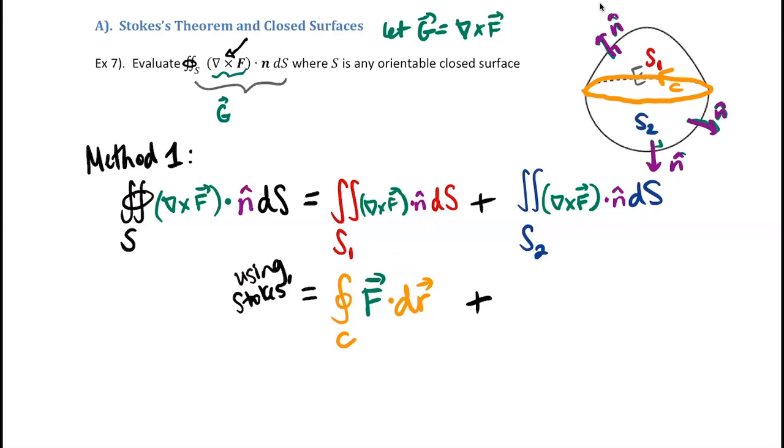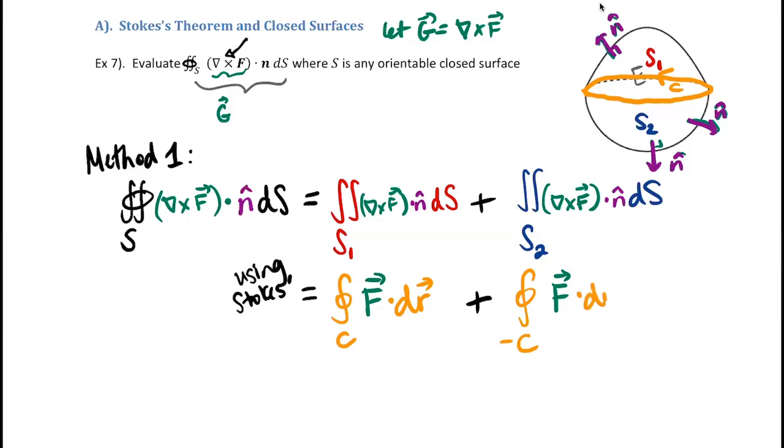So going from here to here works well, because when I curl my hand around this curve C, my thumb is pointing outward. But now if I want to use Stokes for this integral, and my normal vector already points downward, I'm going to need to go the other way on the curve. So I'm going to integrate around the curve, and I'll just put negative C. That means we're going the other way, and I'm integrating the same thing.